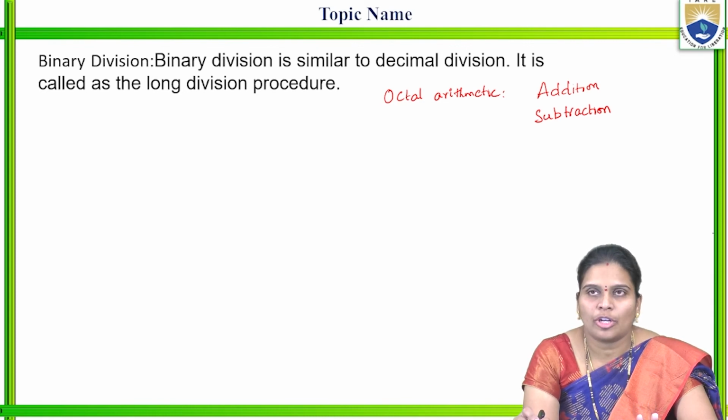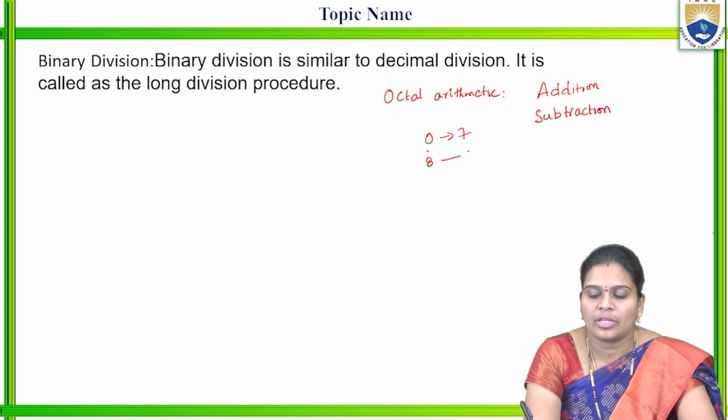With n equal to 3 bits, we get 8 combinations, from 0 to 7, with the same values. When the resultant value is 8, the value is equal to 10.